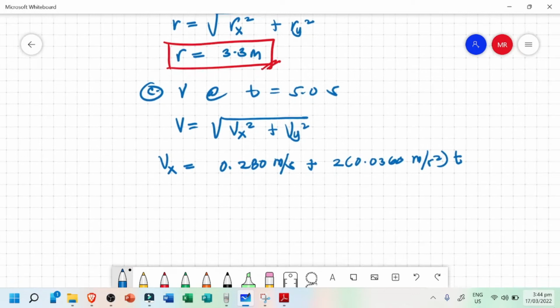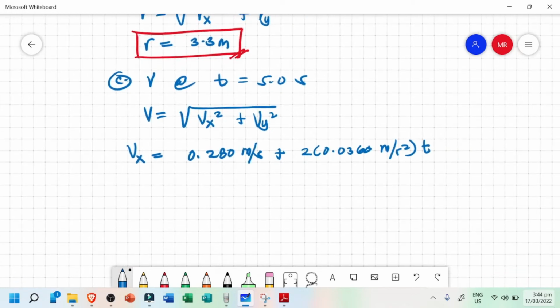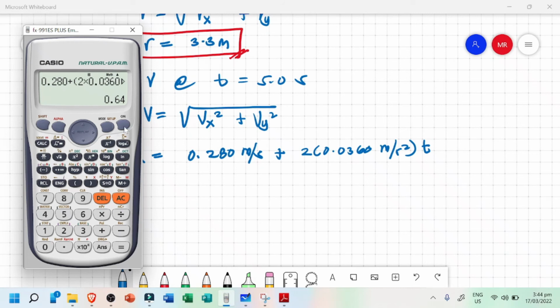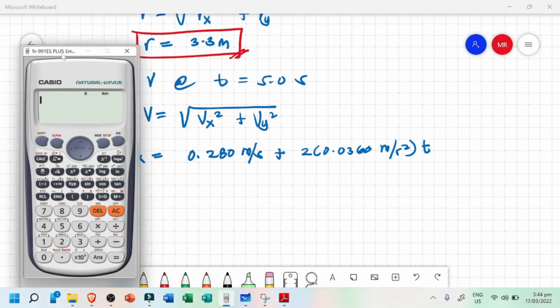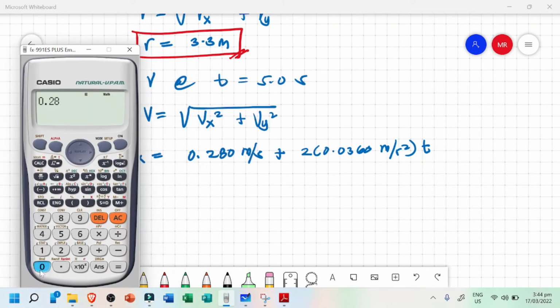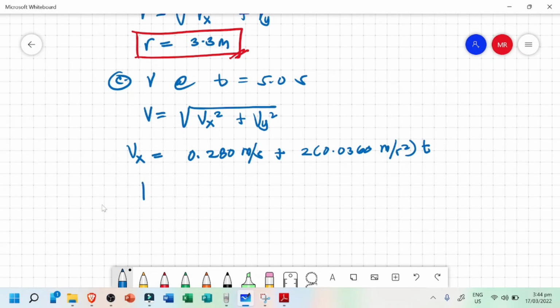So let's substitute 5 seconds to this equation: 0.280 plus the quantity 2 times 0.0360 times 5. So Vx is equal to 0.64 meters per second.